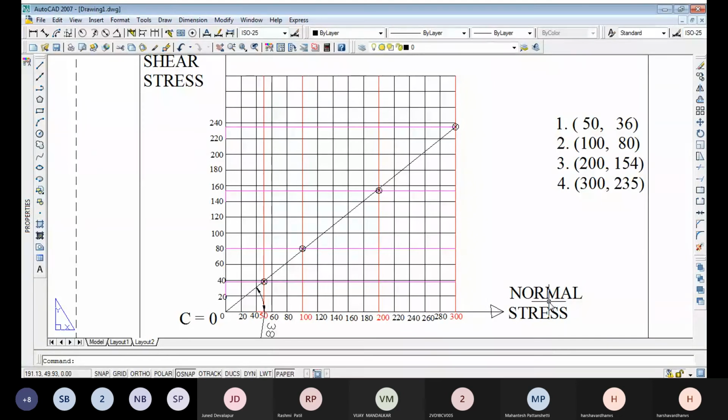So for a particular normal stress, we are measuring the failure shear stress, and we are directly plotting the points, normal stress comma shear stress, on the graph, and we'll join all those points by a best fit line, and we'll measure the y-intercept, which is cohesion, and we'll measure the angle of the line, which is the angle of internal friction.